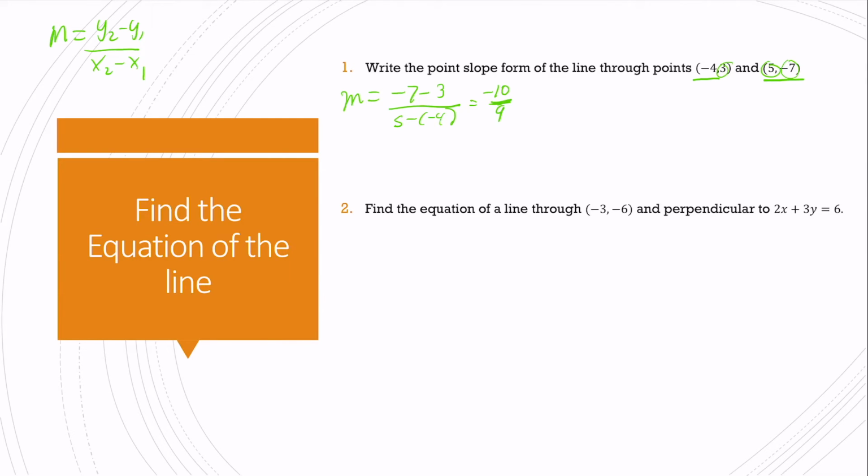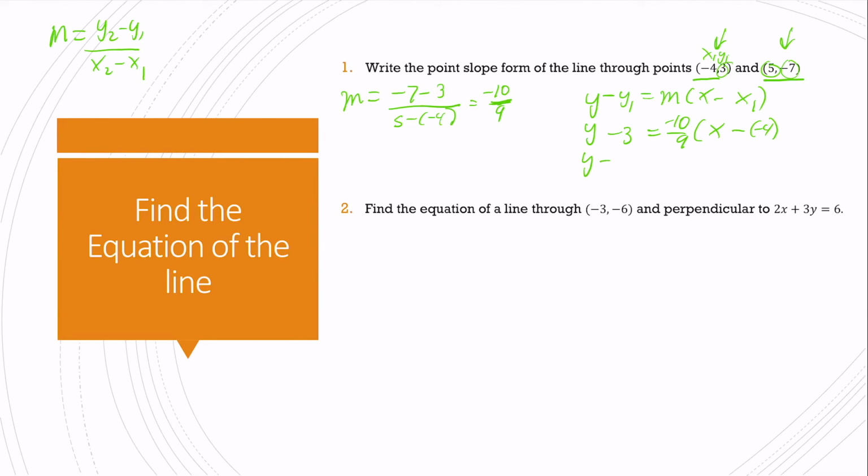So I've got y minus y1 equals m times x minus x1. It doesn't matter which of these points I pick to substitute into my point-slope form, I'll get the same answer. So I'm going to pick this for y1 and this for x1. So I've got y minus 3 equals -10/9 times x minus -4.